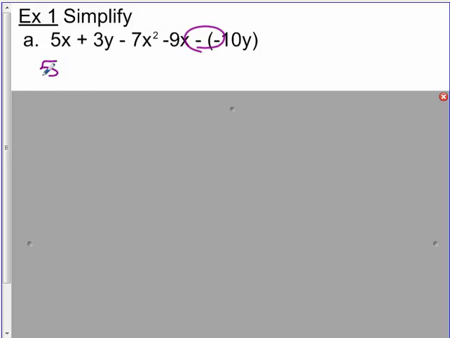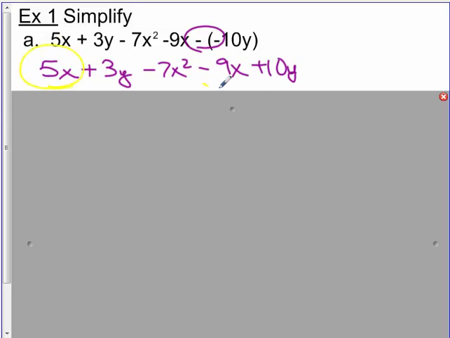So I'm going to rewrite it. 5x plus 3y minus 7x squared minus 9x, and then plus 10. Remember, we add the opposite, so minus a negative 10 is really plus 10 there. That's what I meant to say.